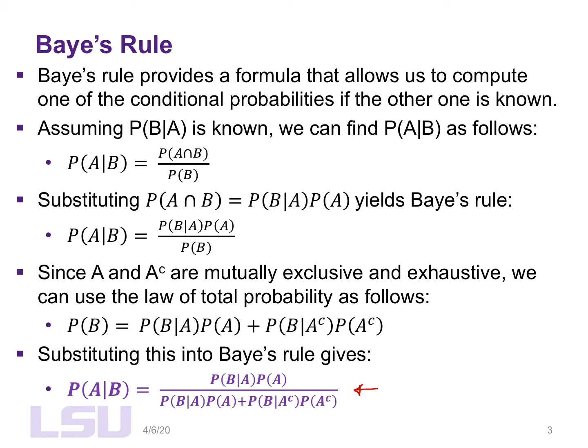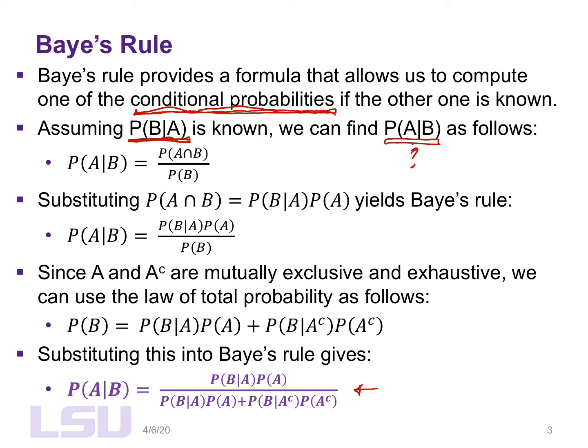So what's Bayes rule? Well, before we come up with Bayes rule, let's say why it's very important. It's because it allows you to compute conditional probabilities given another conditional probability. What does that mean? If you are given probability of B given A, how do you find probability of A given B?